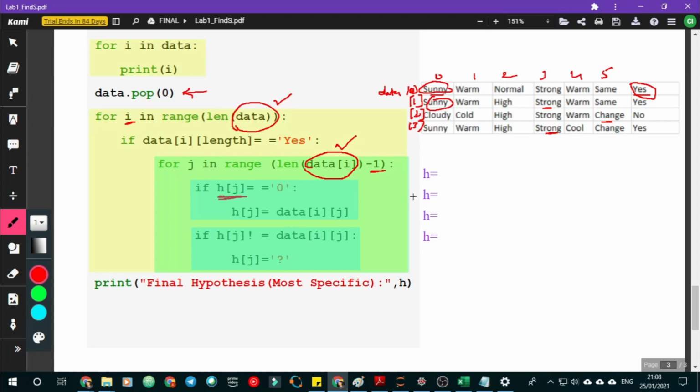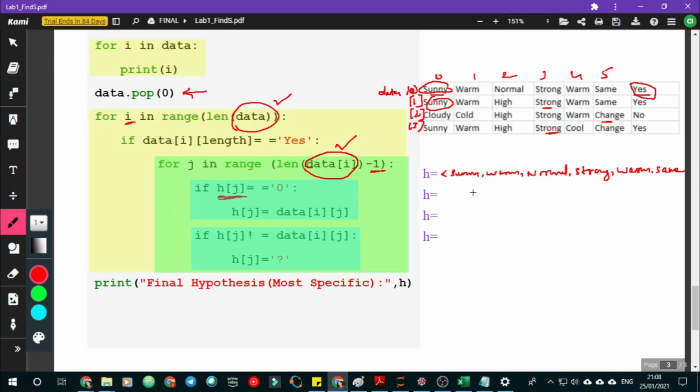And see here, I'm reading the first sample: sunny, warm, normal, strong, warm, same.